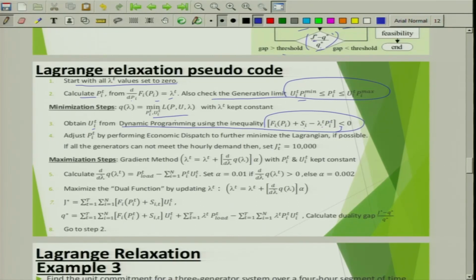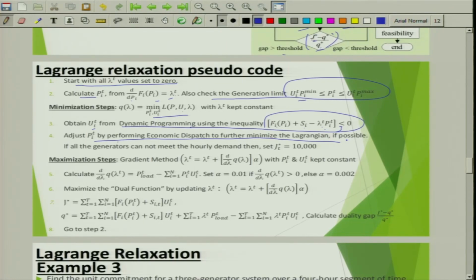So now you got all lambda, u and P, but still for those cases where the maximum generation is greater than the load, that is a feasible option, then you carry out economic dispatch to further minimize the Lagrangian function, because the generation that you have considered is based on the lambda which is assumed, that is not the optimal lambda.